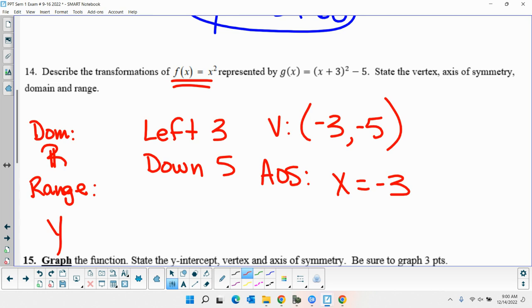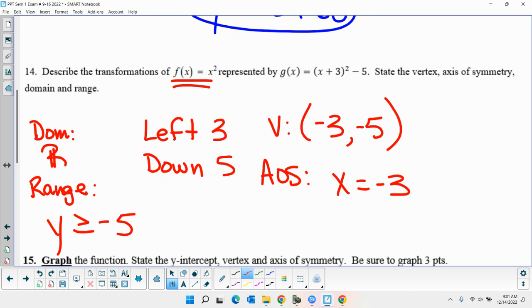That's never written usually. +1. That means it opens up, right? So my range is y is greater than or equal to, because it's got a minimum. What's that minimum value? -5. All right, so domain will be all real numbers always for quadratics.